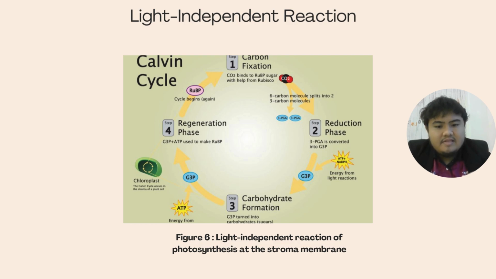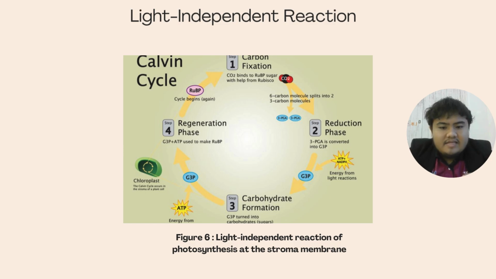This produces an unstable 6-carbon compound that immediately splits into two molecules of 3-phosphoglyceric acid, 3-PGA.